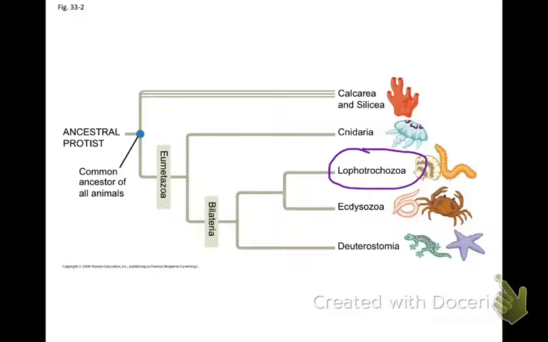So that refers to animals, many of which have this developmental stage called the trochophore. Or many of them also have, like in the case of the tube worms, a feathery structure around their mouth called a lophophore.